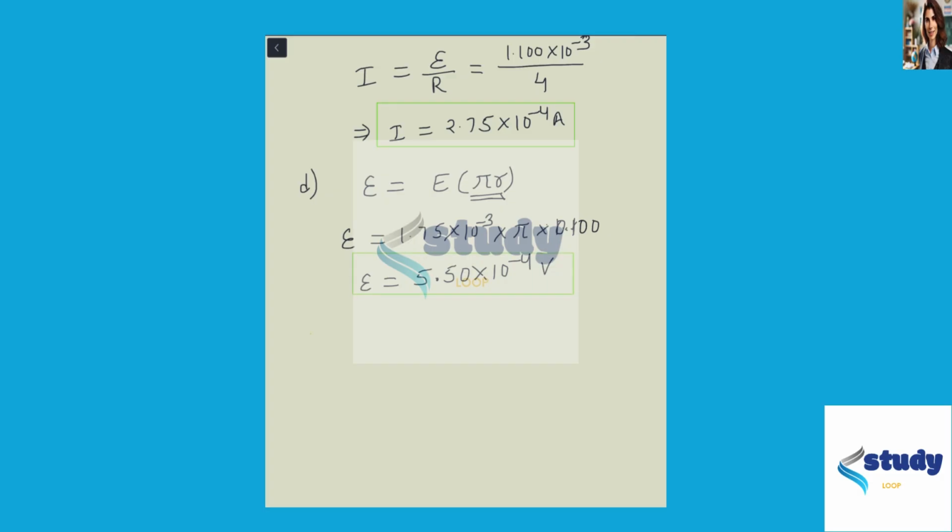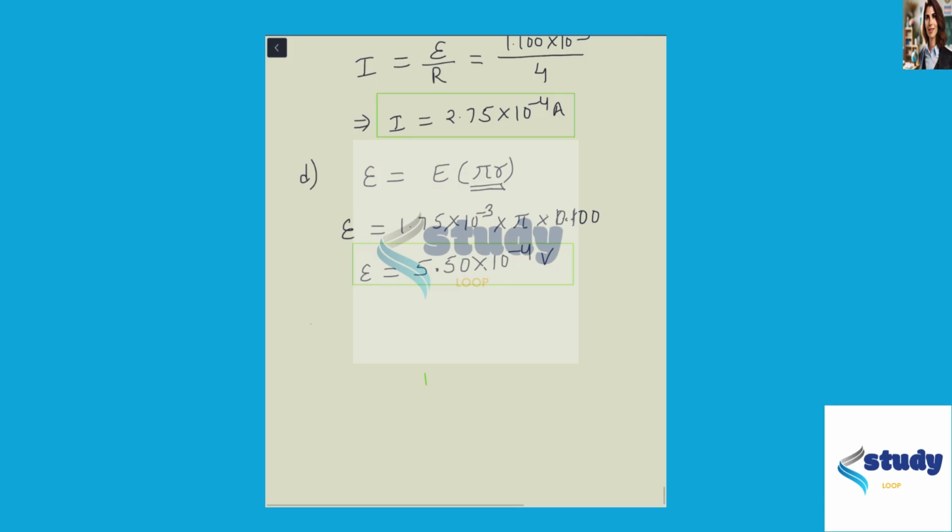Now moving to the next part, part E. In this part, we have to calculate the induced EMF after the ring is cut. The ring is cut at any point.